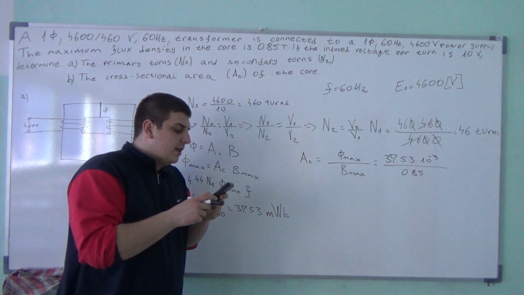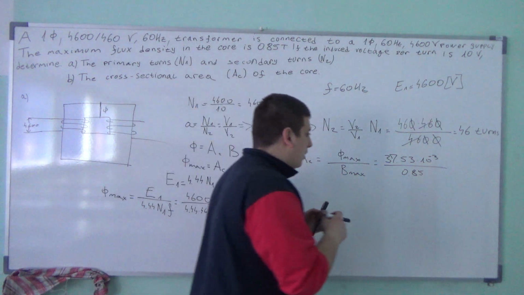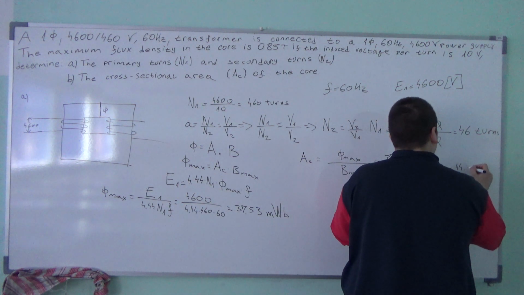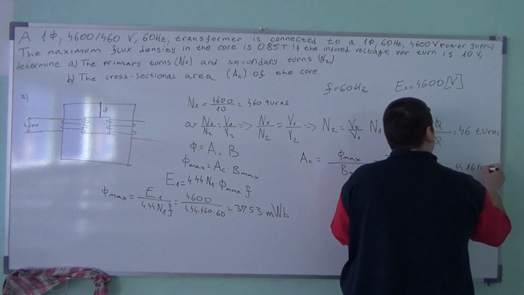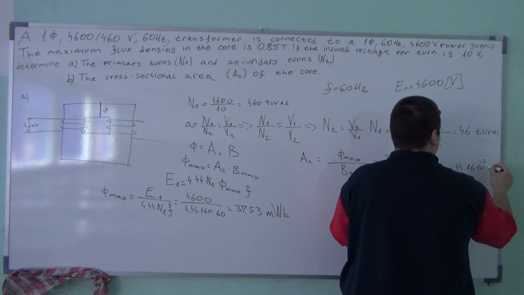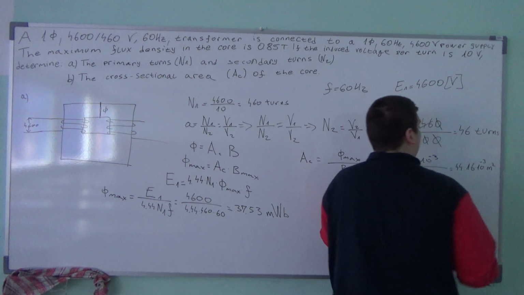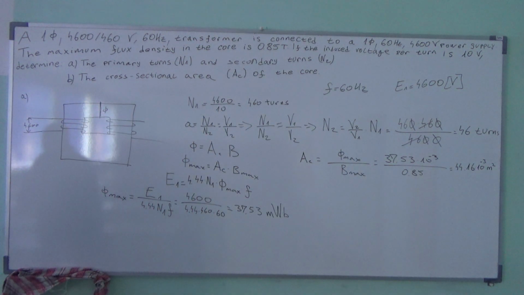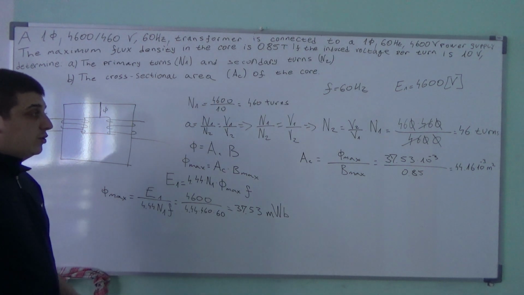And I get 44.16 times 10 to the minus 3 meters squared. This is the SI unit. And that is also correct.